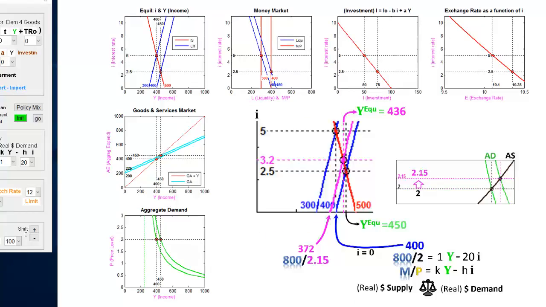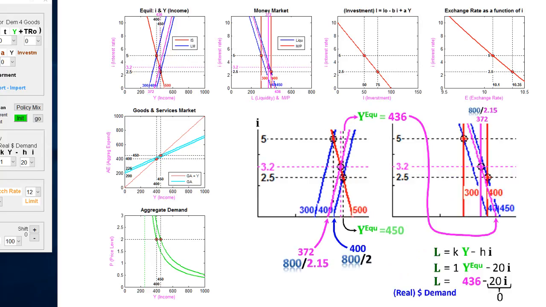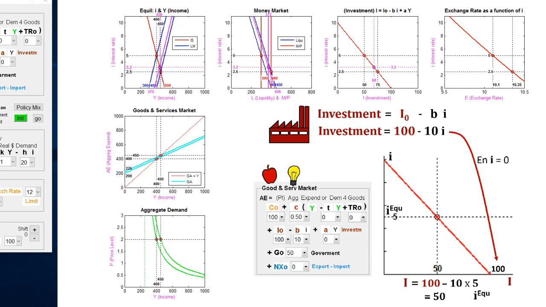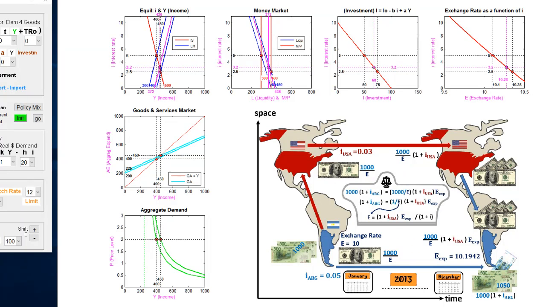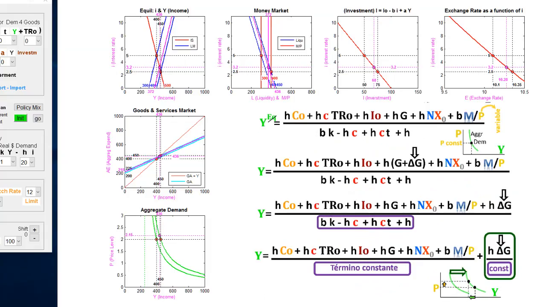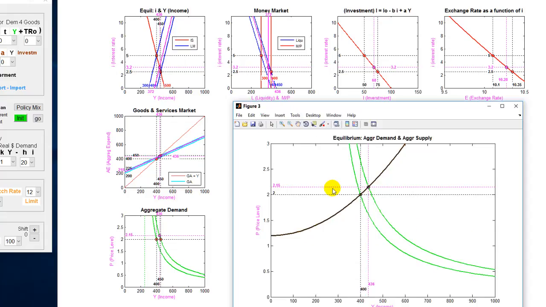So you have this, and then here you will have this magenta line, and then you propagate this effect in the following graphs. So finally you end up explaining not only why the economy goes from this point to this point, but how the curves remain at the end.